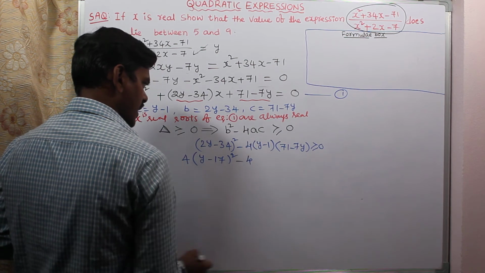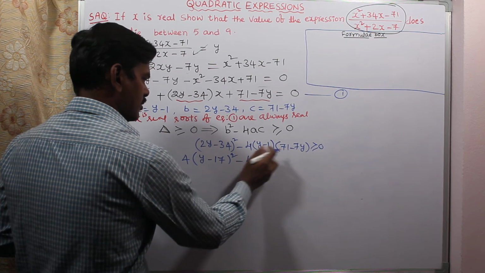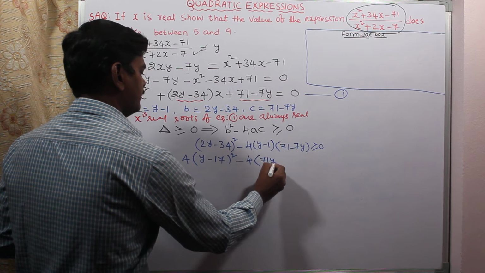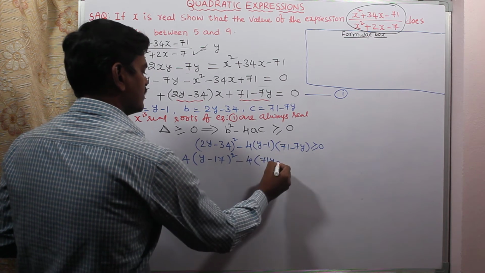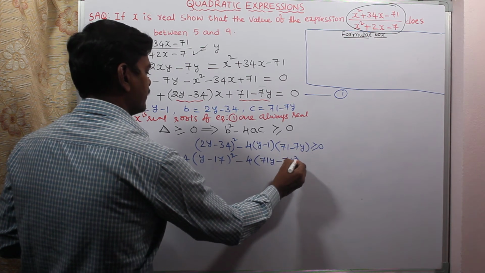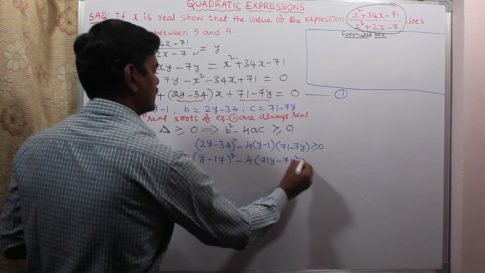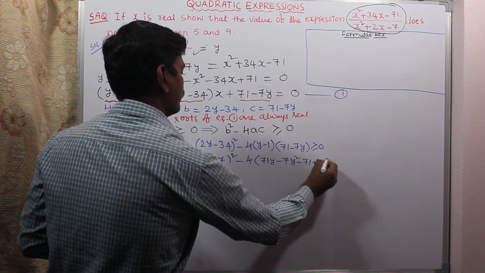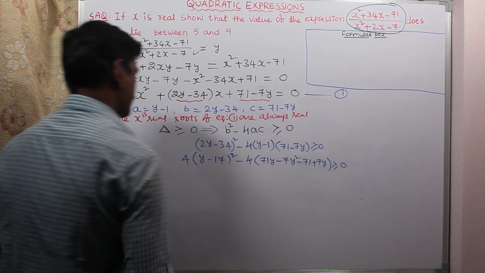Let us keep 4 as it is, and multiply the other part: y into 71, 71y; minus into minus, 7y into y, 7y square; minus into plus, minus 71; minus into minus, plus 7y, greater than or equal to 0.